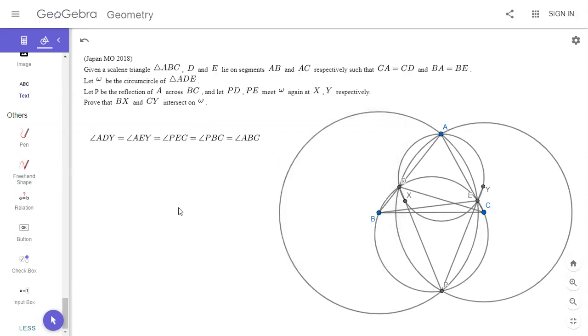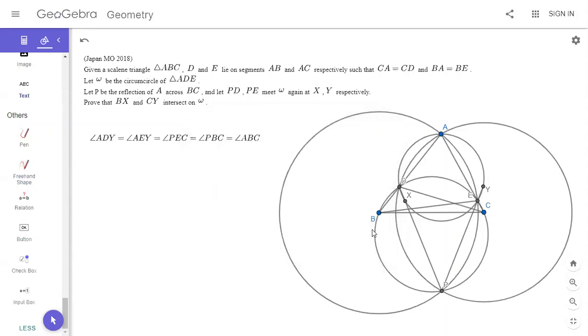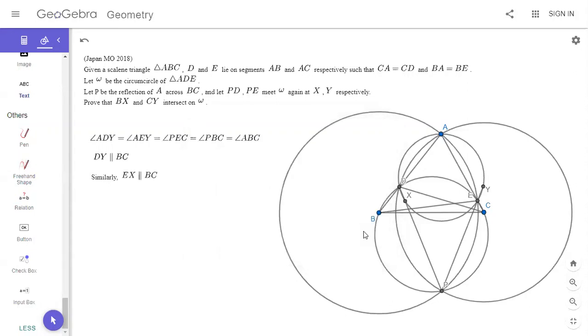And so that means that DY is parallel to BC. Okay. And then similarly, EX is parallel to BC. Okay.